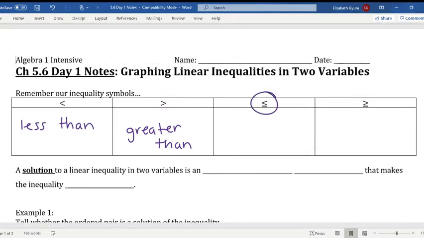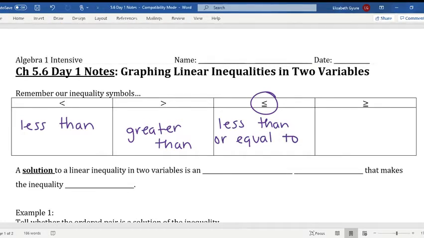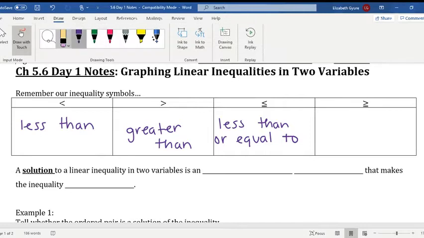What about this? What happens when we have a little dash underneath it? Yeah, good. This is less than or equal to. And then last one, somebody else.